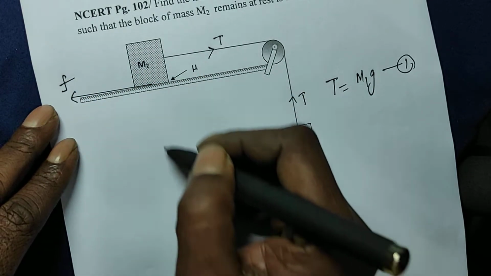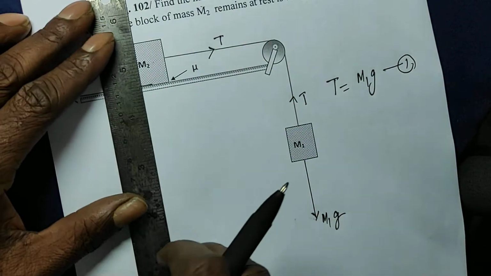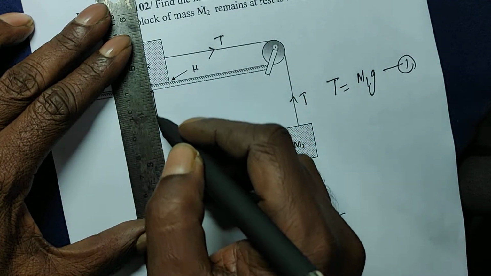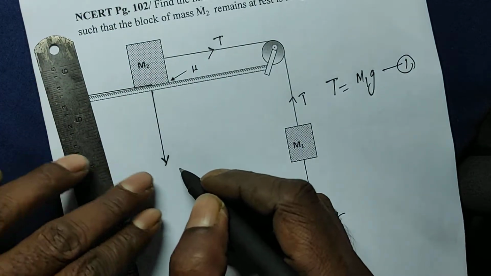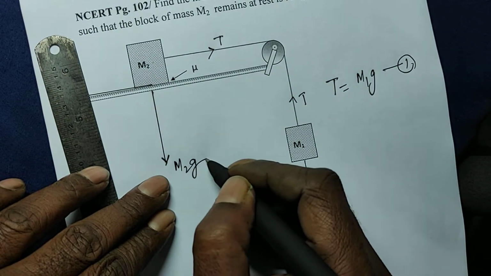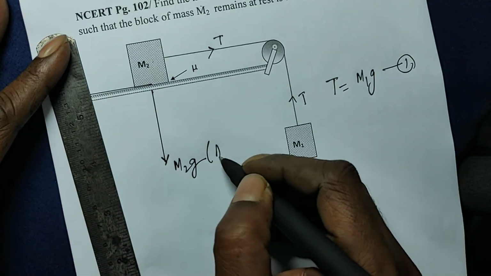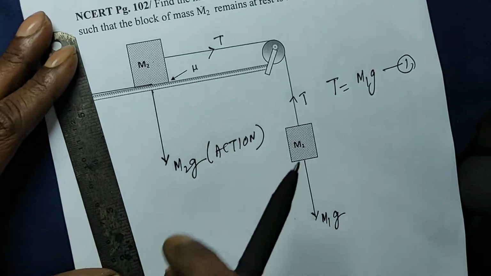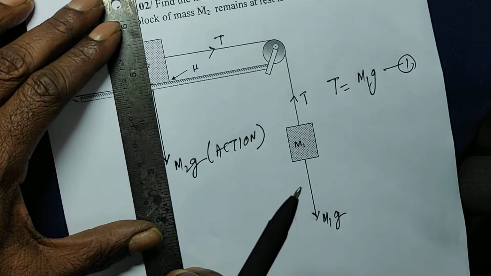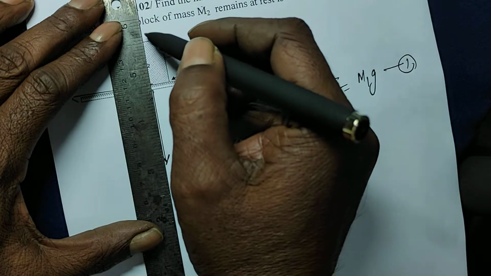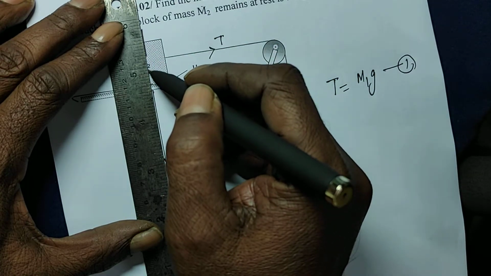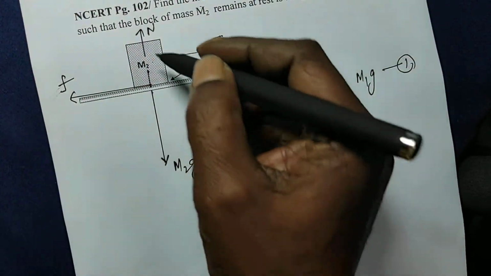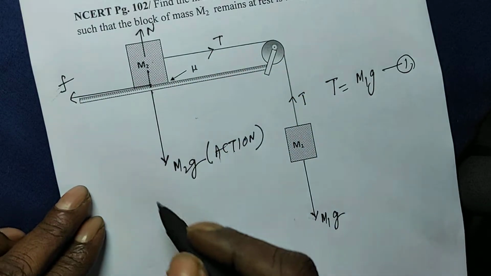This M2 is applying an action force, that is its own weight, acting vertically downward on the surface, M2 times G, the action force. So the surface will apply the same reaction force exactly in the opposite direction. So this is your normal reaction. Why is this normal? This line is normal to this surface.